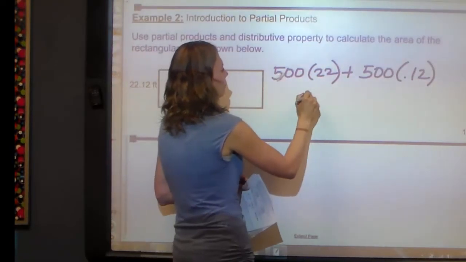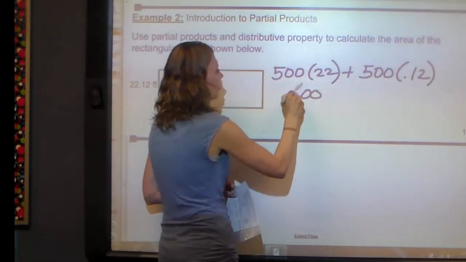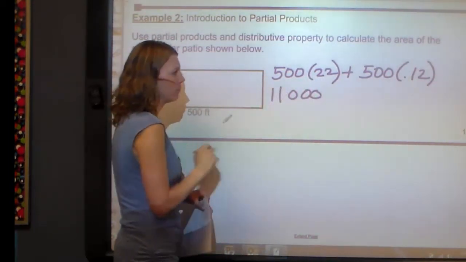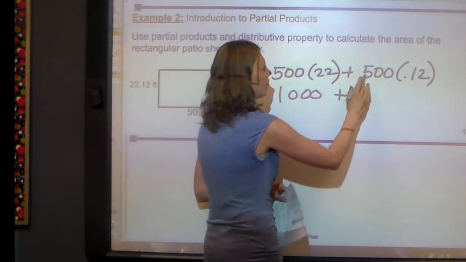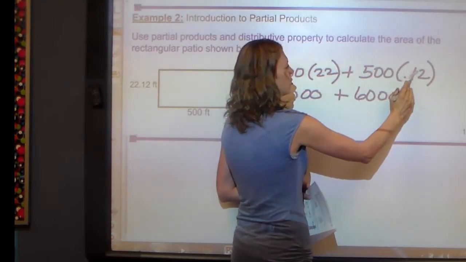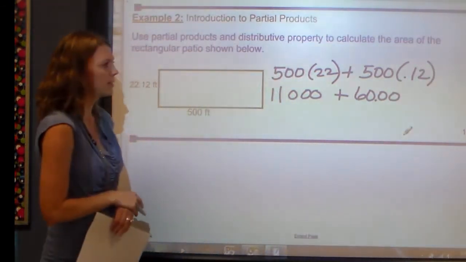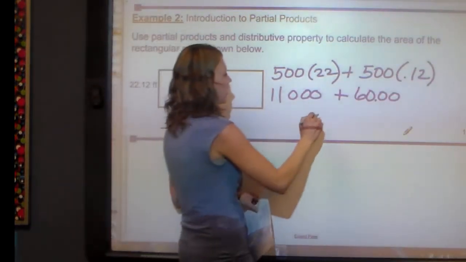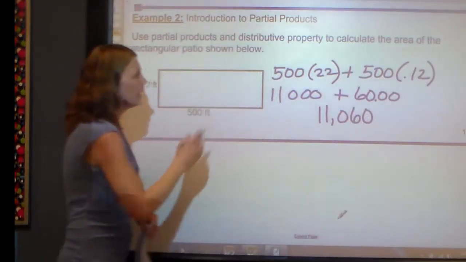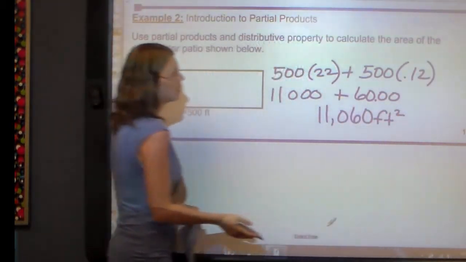If I add my two zeros from the 500, 5 times 2 is 10, carry the 1. 5 times 2 is 10, but then it would be 11 if you add that 1. And for this number, 5 times 12 is 60. But because of the 2 decimal places, it negates the 2 zeros there. So it's just going to be 11,060. And since it's area, we would have square feet.